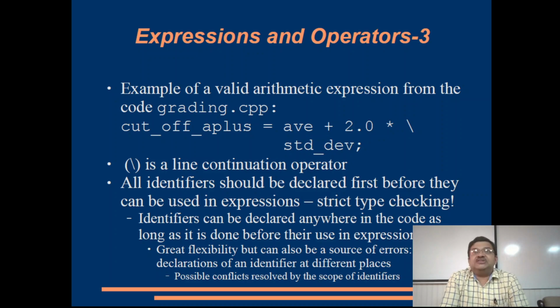C++ is very strict in type checking, and that is a good thing. It may sound a little bit irritating at first, because you need to declare everything, and that increases your typing effort, etc., right? But that is a very good safety mechanism.